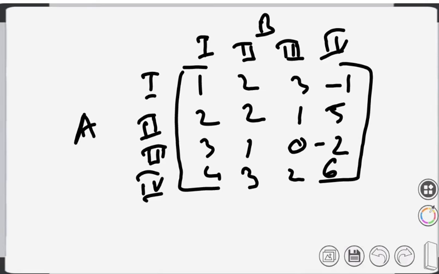Row min is -1, 1, -2 and 2. Column max is 4, 3, 3 and 6. So V lies between what and what value? 2 and 3.